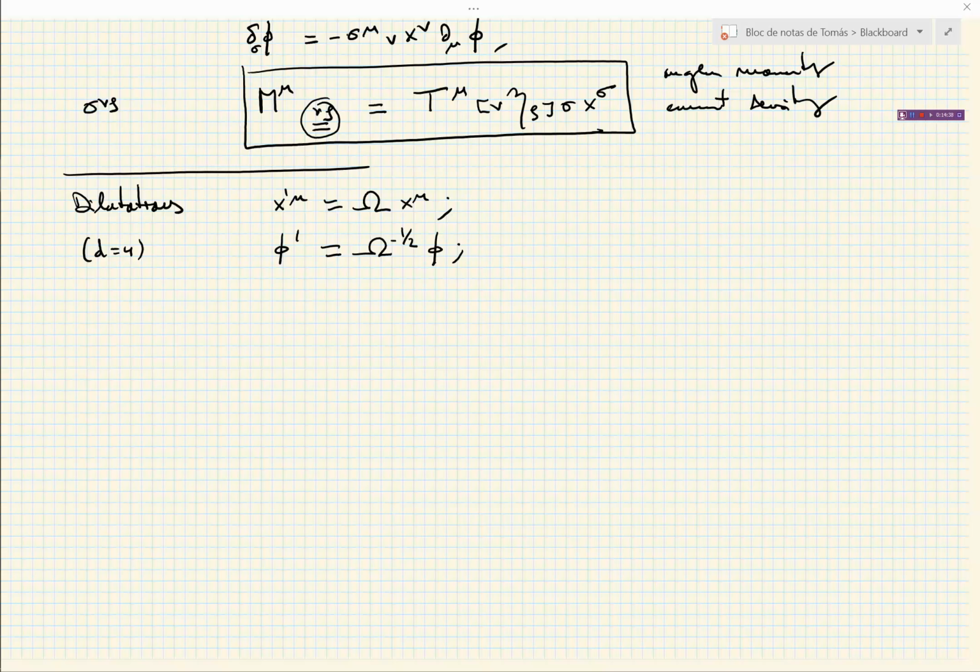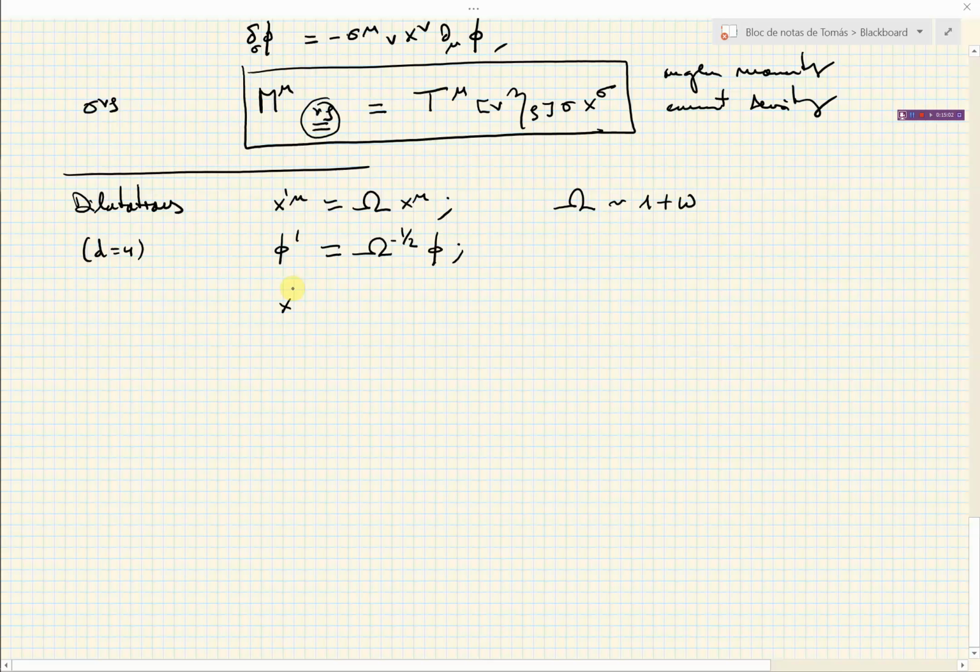The first thing that one needs to do is to write infinitesimal transformations. So infinitesimal is, you first have to identify when they are close to the identity. So close to the identity here means omega close to 1. So we should expand omega like 1 plus omega.